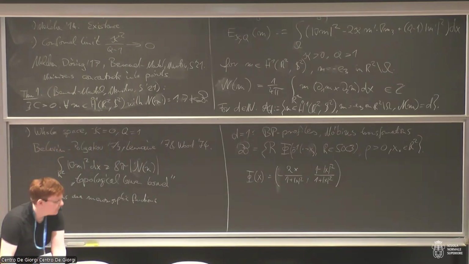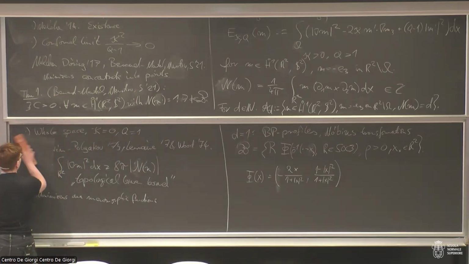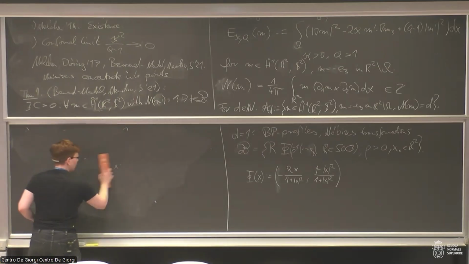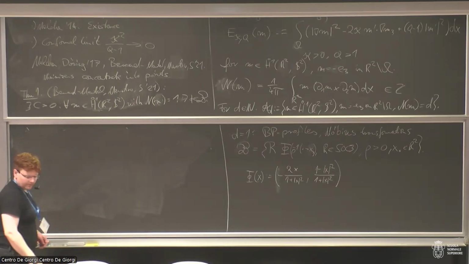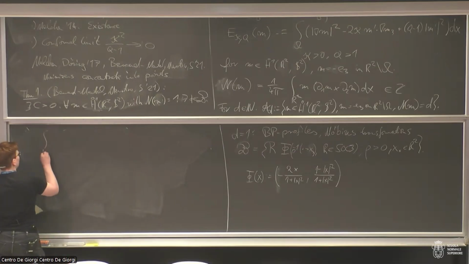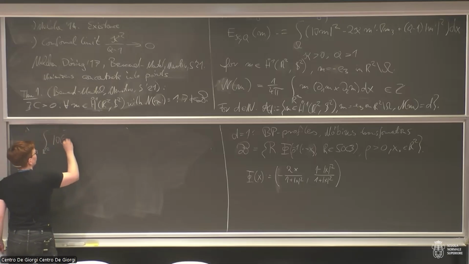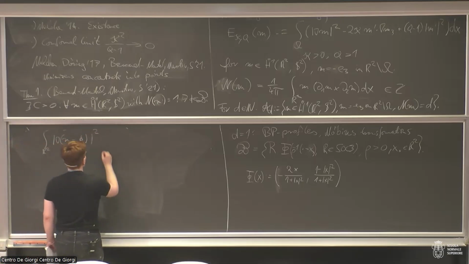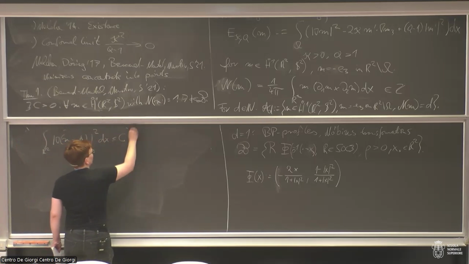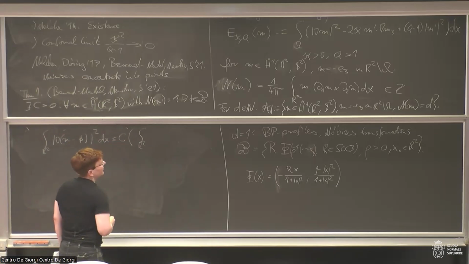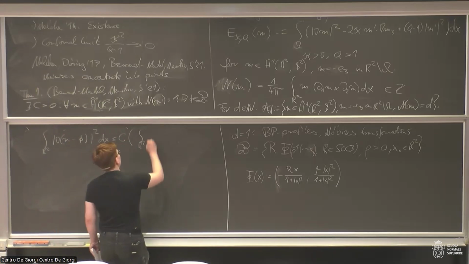we can control the Dirichlet distance of M to the chosen Belavin-Polyakov profile by a constant times the excess in the topological lower bound.